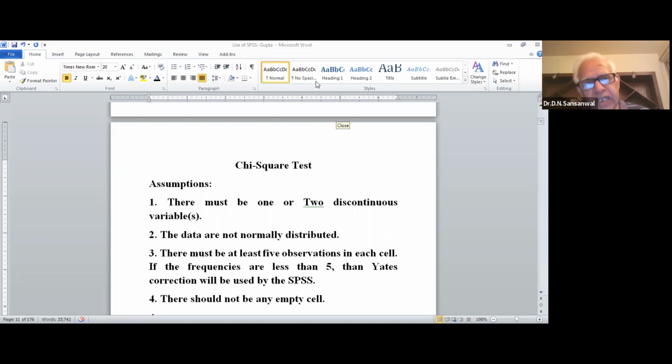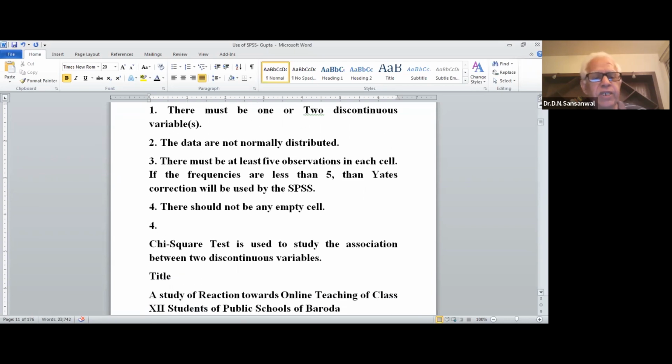Navita, objective will be the same. Do not worry, I'm coming. I have the data. So these are the 2 more assumptions which you can write.